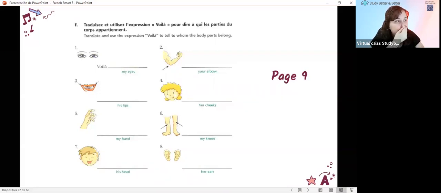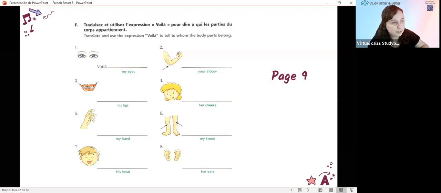In this case, we're going to say: here are my eyes, here is your elbow, here are his lips, here are her cheeks, here is my hand, here are my knees, here is his head, here are her ears. But everything in French. We need to do all of that in French.